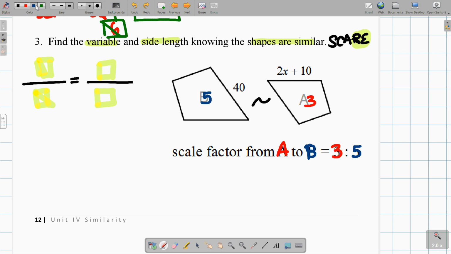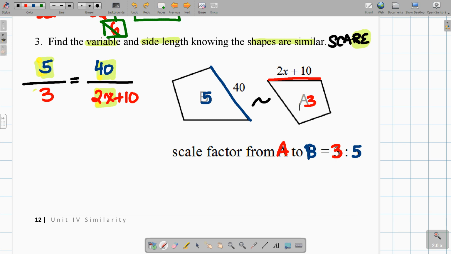So there's 2 ways I can set this up now. Now that I've aligned my scale factor correctly, I could do this. 5 over 3 equals, long side, 40 over matching long side, 2x plus 10.